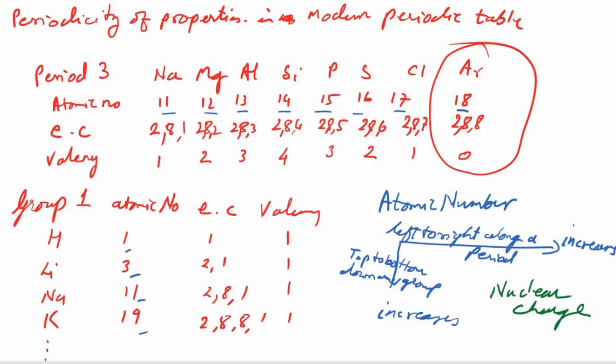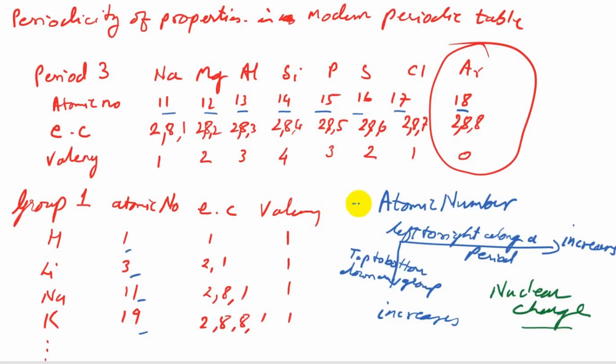And how much positive charge is there, that we are talking about, is nuclear charge, isn't it? So nuclear charge is the same as atomic number, because as the number of protons increases, the atomic number is also increasing.